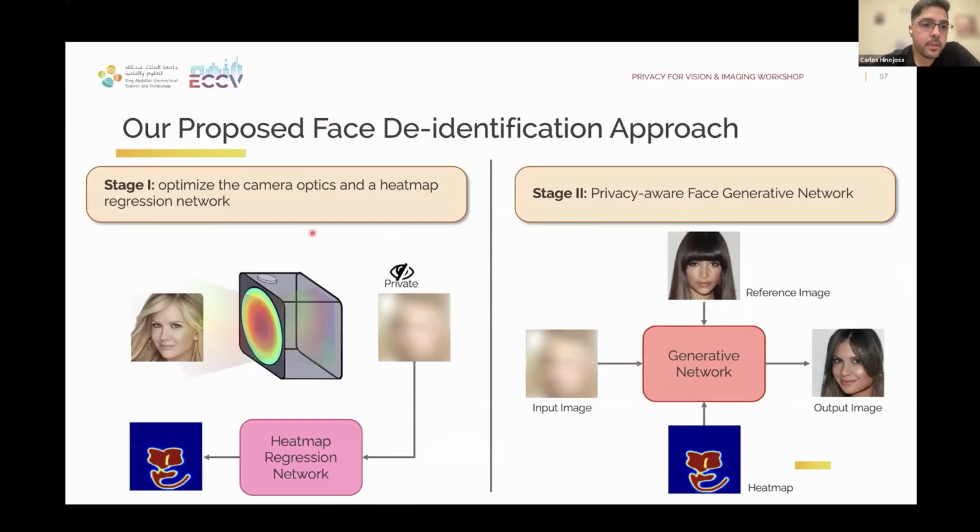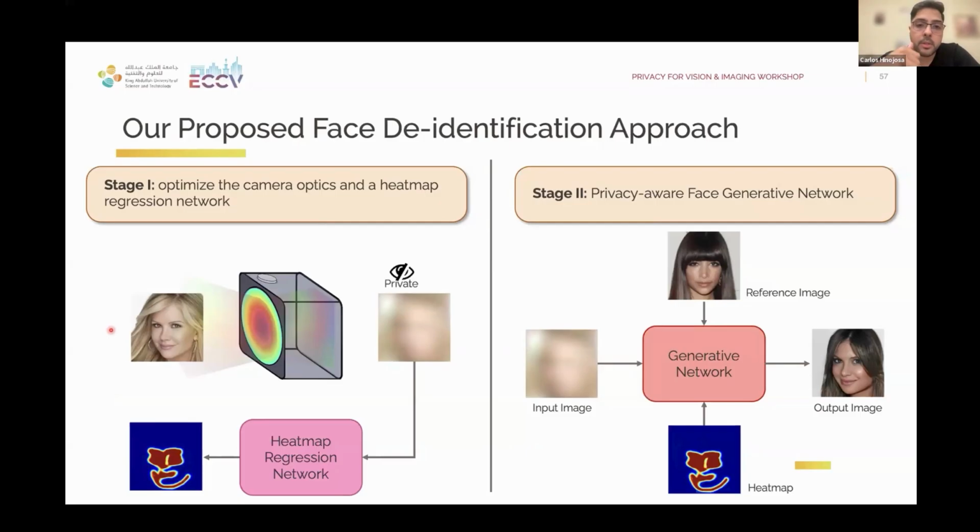The first one is to optimize the camera optics and the heatmap regression network. The heat map allows us to infer global geometry information from the source image, like head pose and the position of the eyes, nose, and mouth, without exposing the identity of the subject.